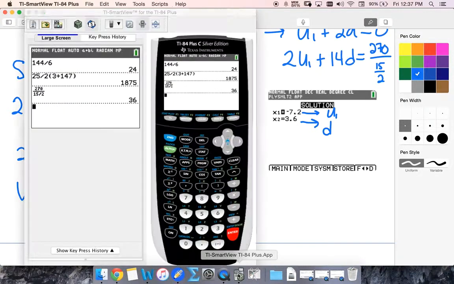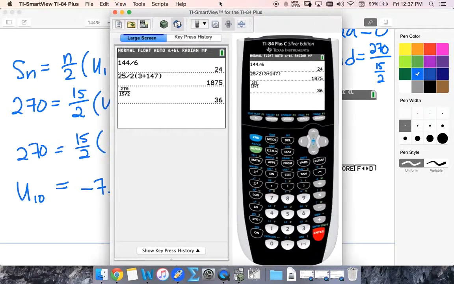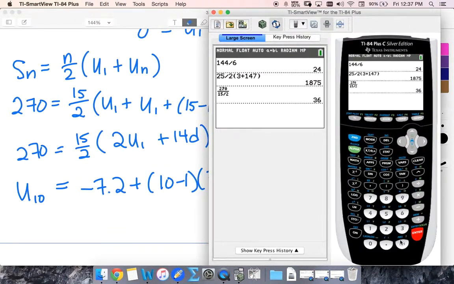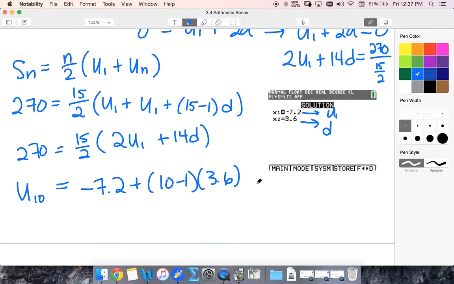Put that in my calculator, and I get negative 7.2 plus 10 minus 1, only one minus sign, times my d value, which was 3.6. So the 10th term is 25.2.